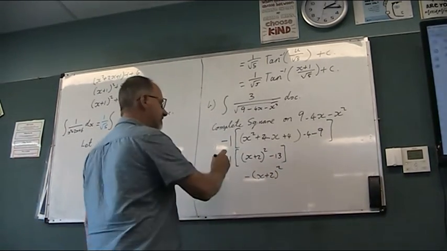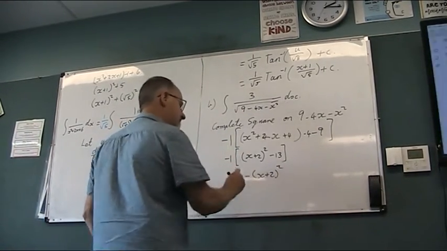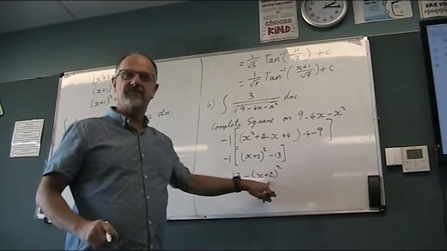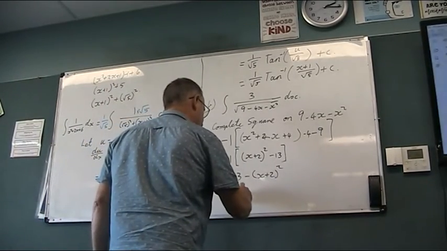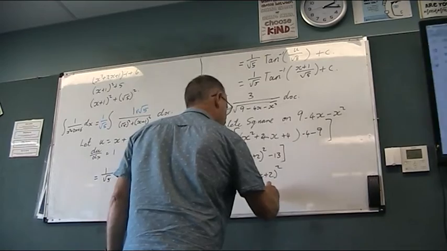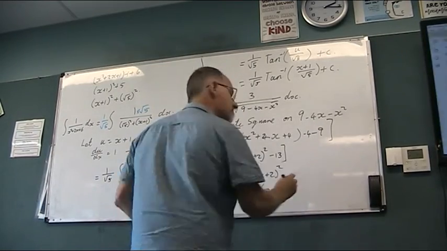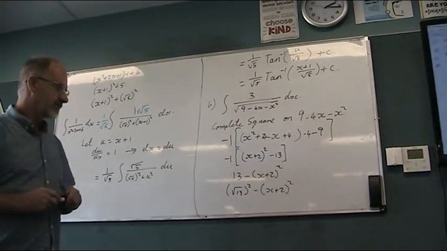Minus x plus 2 squared minus times minus 13. Something squared minus something squared. Yep, root 13 squared minus x plus 2 squared. Yep.